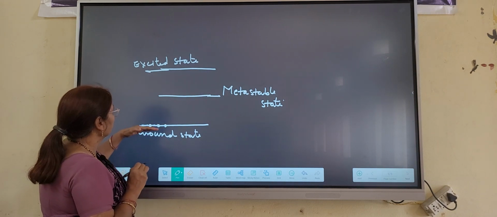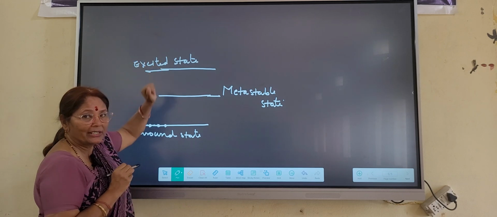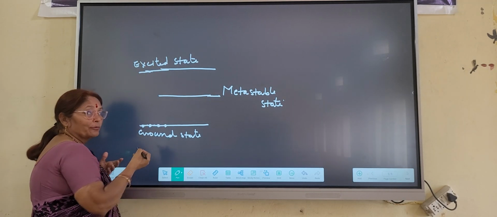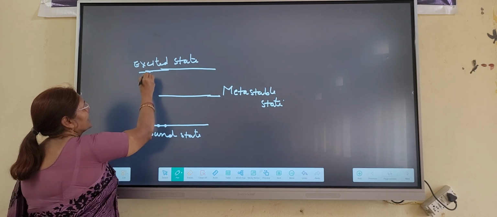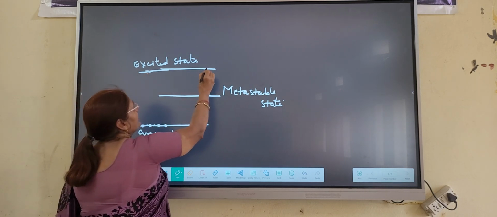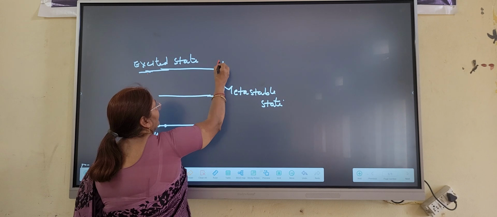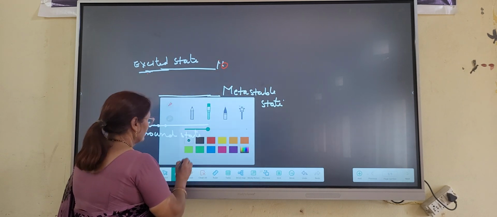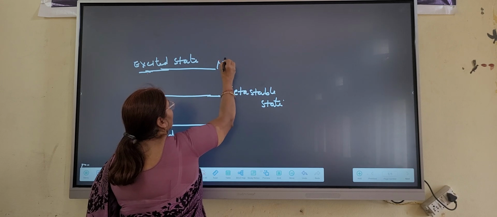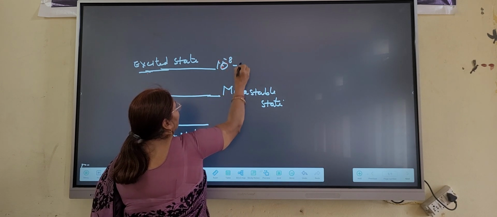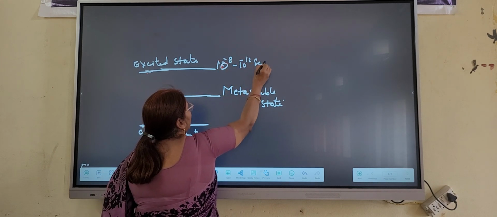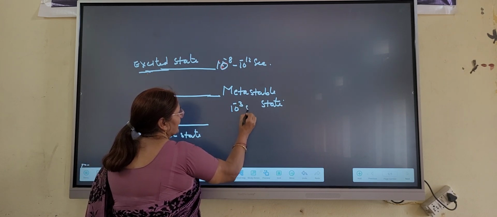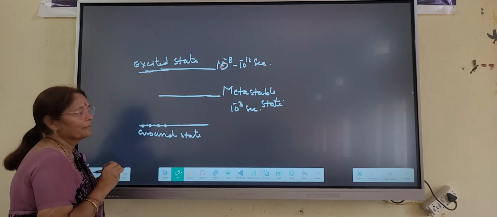Now, if I want these atoms to go to the excited state, I will have to use a photon externally to take them to the excited state, and here they will stay for a time of 10 to the power of minus 8 to 10 to the power of minus 12 second. And this is a metastable state, where the lifetime of the atom is 10 to the power of minus 3 second.